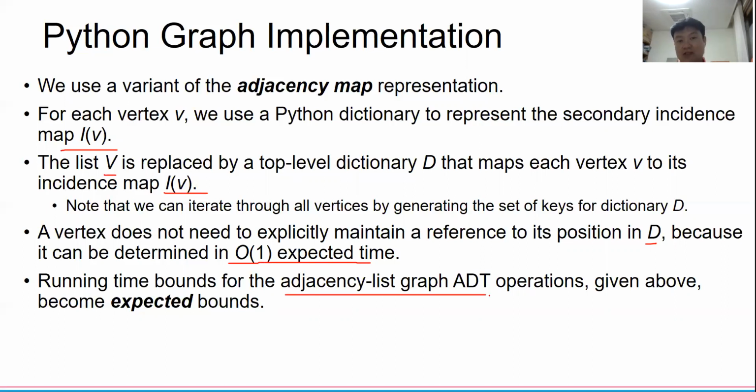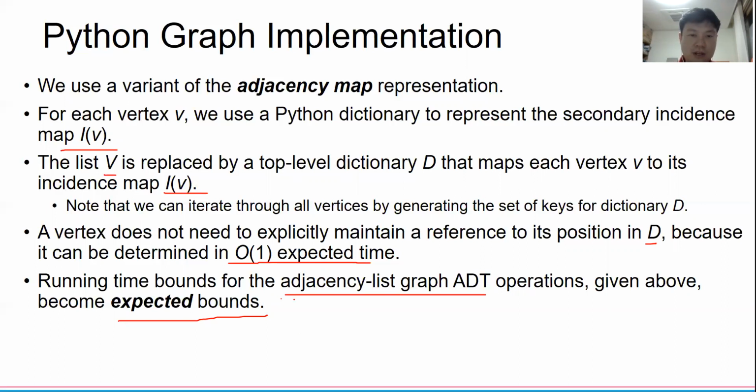Running time bounds for the adjacency list graph. In this case, we are using the adjacency list, so the bounds are expected, because if we have the vertex V, the values will be added with more edges if there are more than two edges, for example.